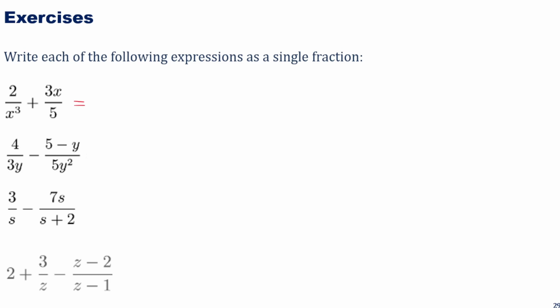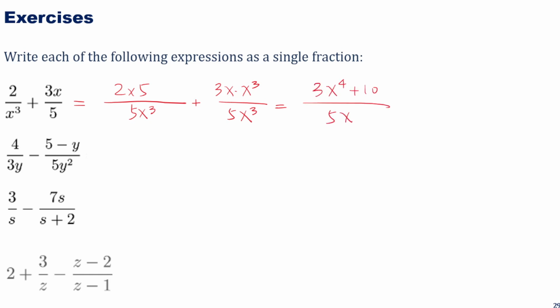First of all, the least common multiple of x cubed and 5 is 5x cubed. Then this leaves us 2 over 5 here plus, so this gives us 3x to the power 4 plus 10 over 5x cubed, right?